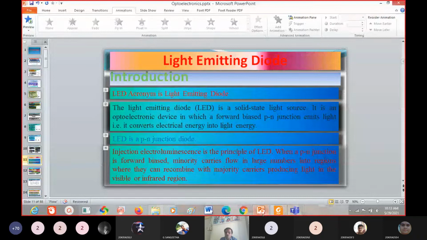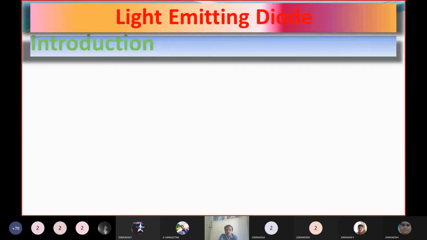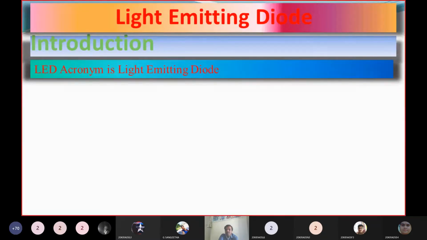Radiative recombination occurs only in the case of direct band gap semiconductors. In the case of indirect band gap semiconductors, only phonons will be emitted. Phonons are involved in indirect band gap semiconductors, whereas in direct band gap semiconductors, photons will be involved. That is about direct and indirect band gap semiconductors.